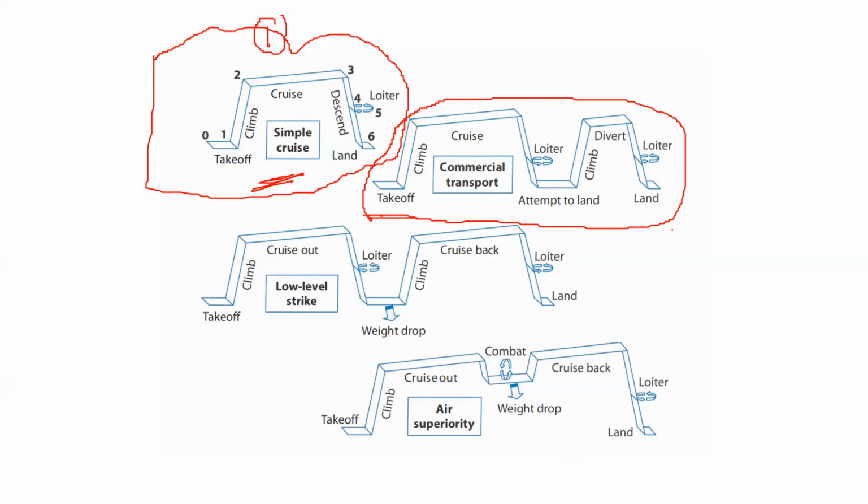Right. But for commercial transport, like military ones, they climb, they cruise, again they loiter, they land. There they unload the items, whatever is loaded in the aircraft, and again they fly back to their base, or they fly back to the nearest base. Right, you're almost right.